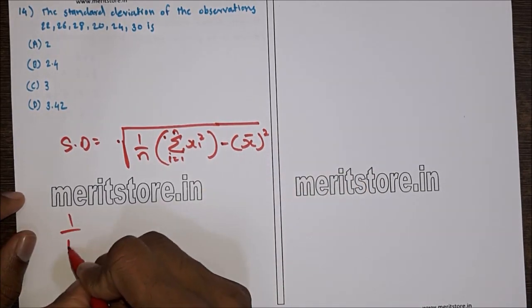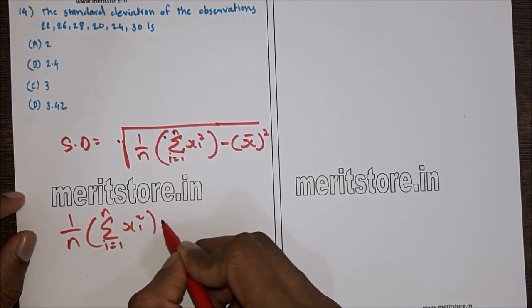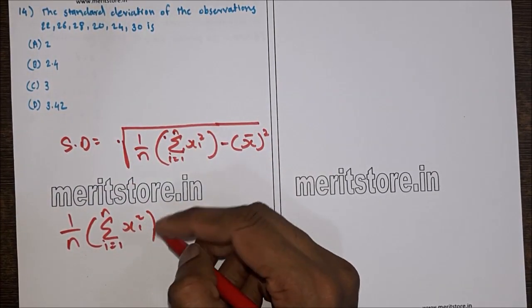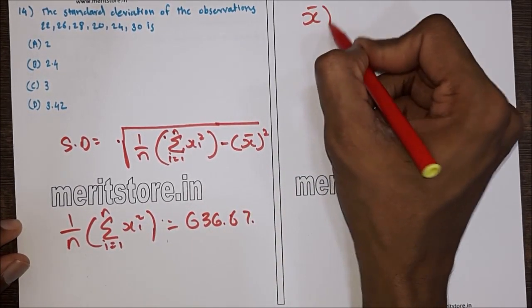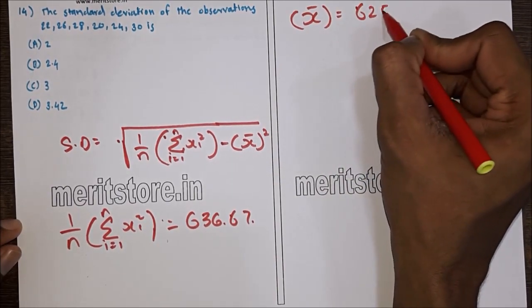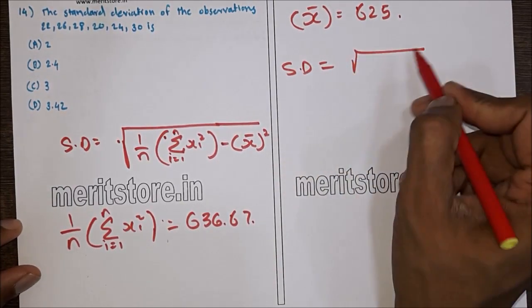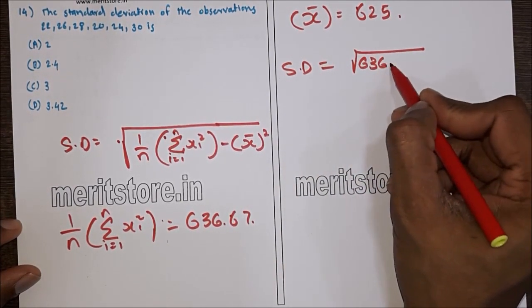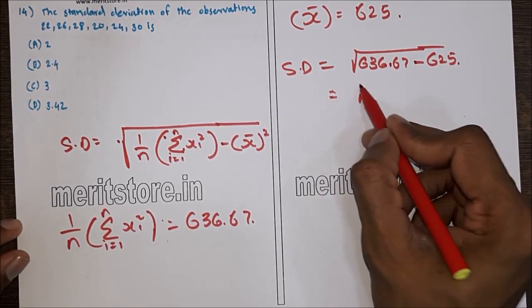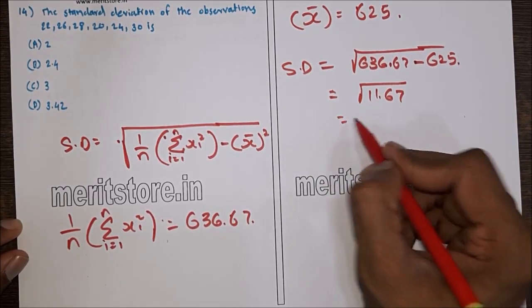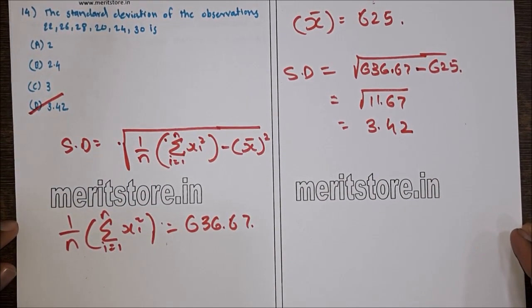So we find 1 by n summation of xi square, substituting the values, we get 636.67. Similarly for the mean, we get x bar square equal to 625. We substitute both these values in the standard deviation formula, we get 636.67 minus 625. For solving this, we get under root of 11.67, which is equal to 3.42, which is our option D. Therefore, option D is the correct answer.